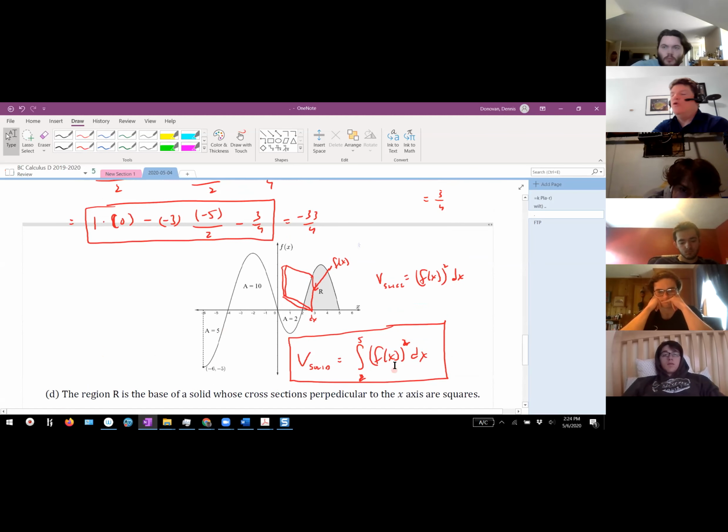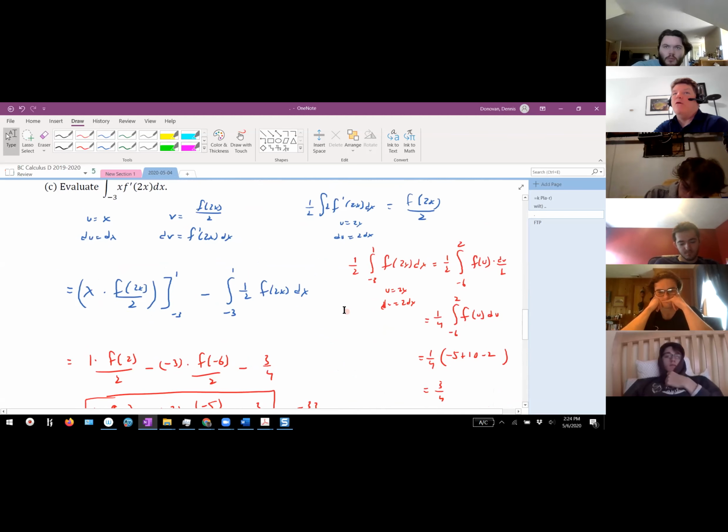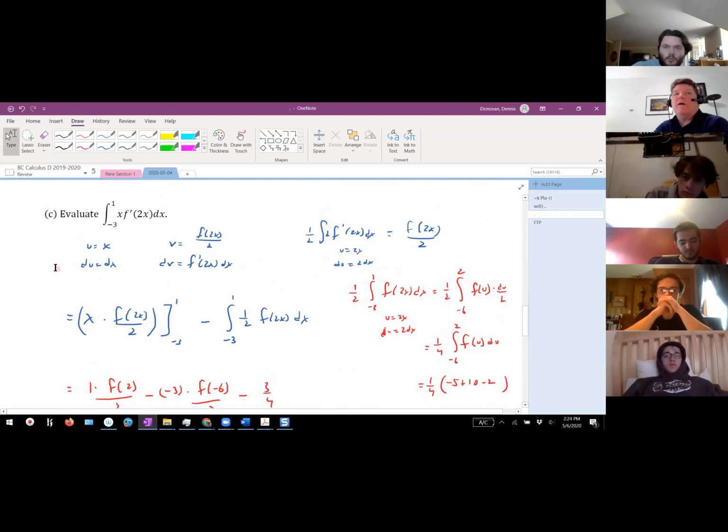That would be worth 2 points, the integral and the integrand, more than likely. By the way, part C would probably be worth 4 points, is my guess. I would grade it on 4 points.